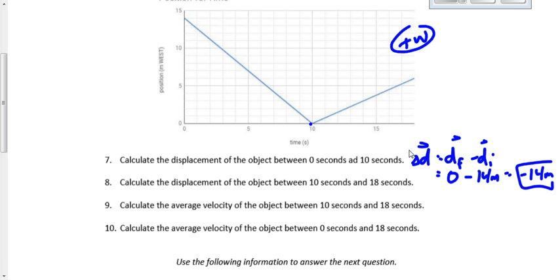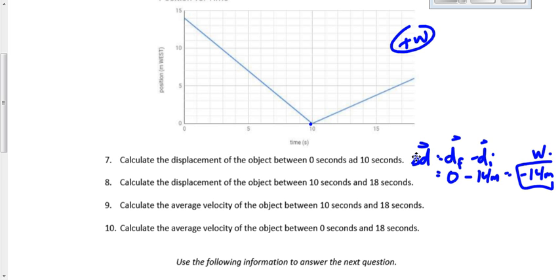Let me think here. Yeah, you could say negative 14 west, because the displacement is to the east since you're going backwards. Negative 14 meters to the west. Yeah, that works.